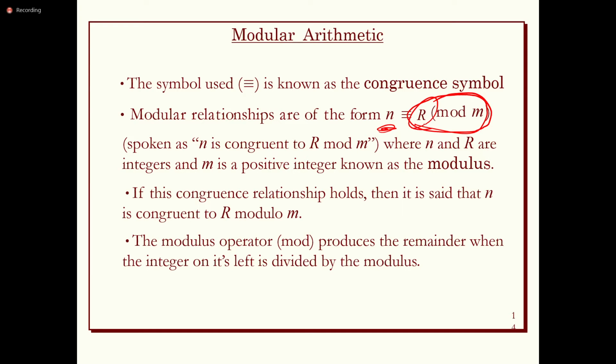We say that n is congruently equivalent to R mod m if n mod m equals R mod m. So directly, instead of writing this mod m, we can write n is congruently equivalent to R mod m, using the congruent symbol.